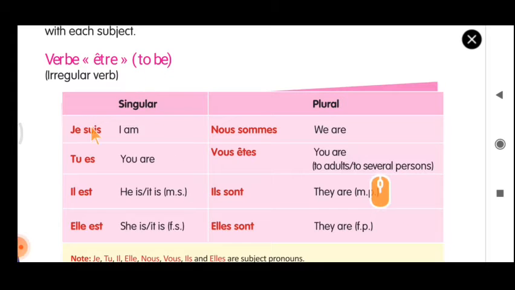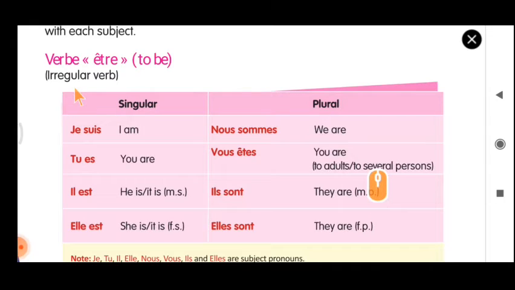If the spelling changes from one subject to another, for example, here it is suis, here es, here est, and here sommes, the spelling changes with each subject. If the spelling changes with each and every subject, this is called an irregular verb.